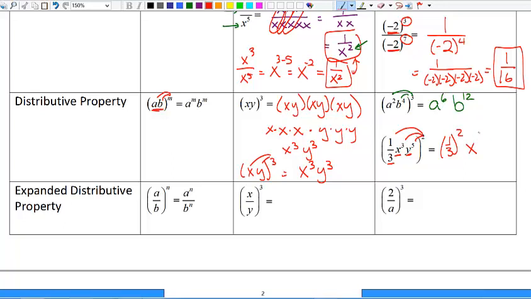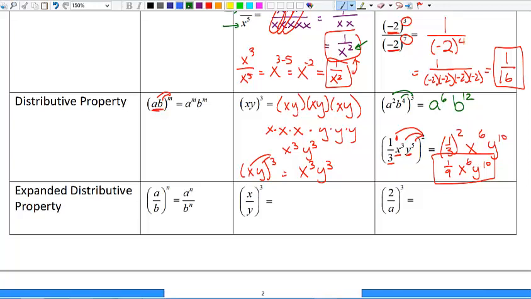X cubed squared, that's really x to the 6. And y to the 5th squared, that's y to the 10. So 1/3 squared is 1/9, x to the 6, y to the 10. Please remember that numbers are bases. Even if they don't look like they have an exponent, they have an invisible exponent of 1.